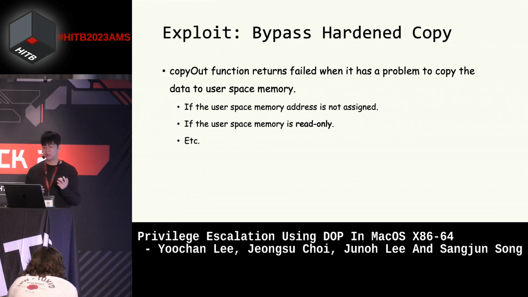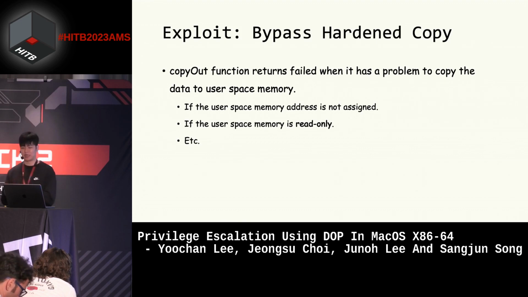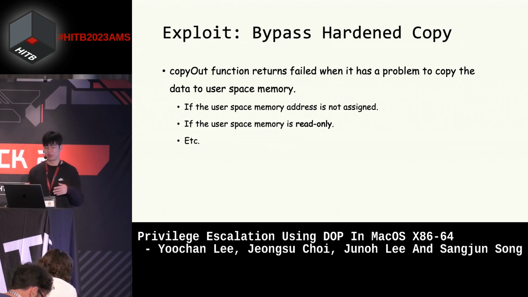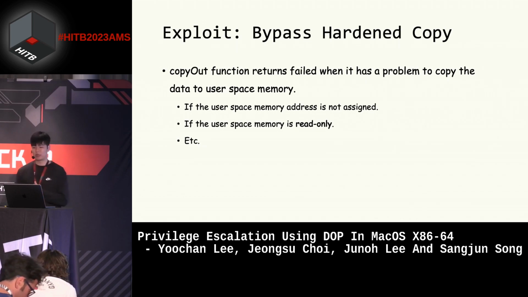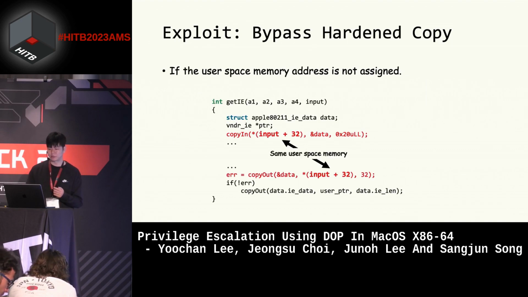The copyout function returns failure when the copying operation has a problem. The first case is when the user space memory address is not assigned. It returns failure because it cannot access the unassigned memory. And if the permission of the user space memory is read-only, so that copying fails, it also returns failure.